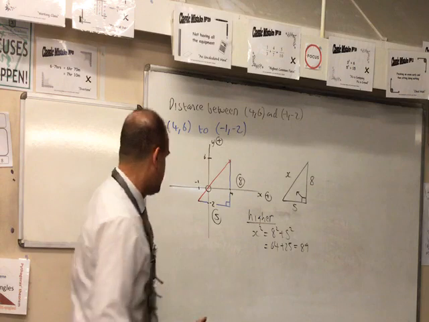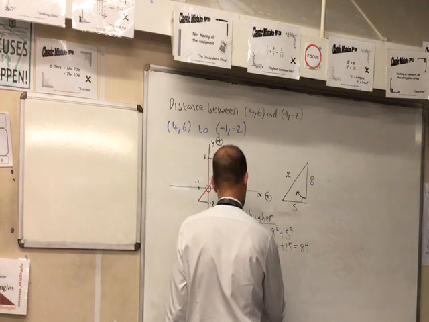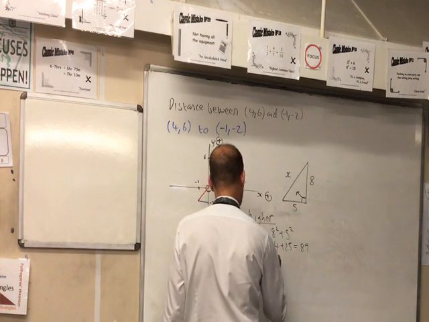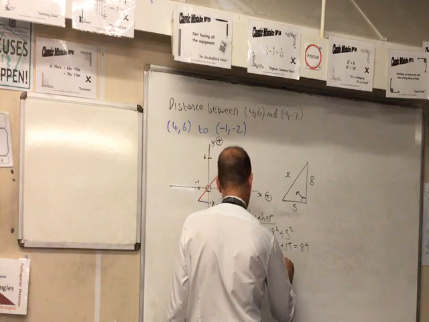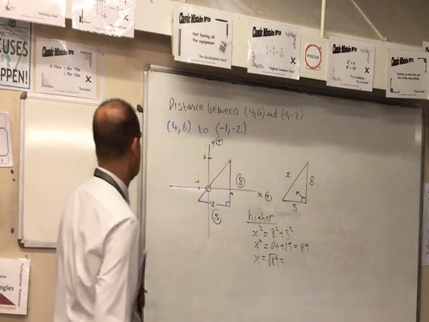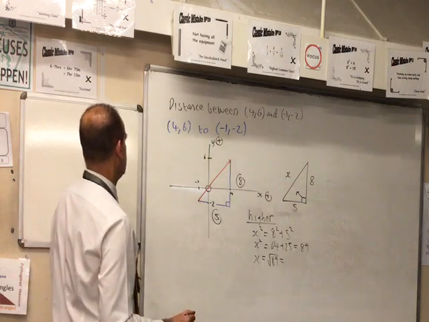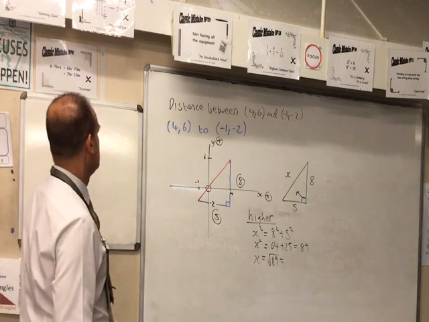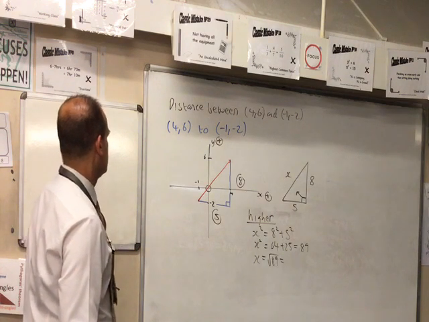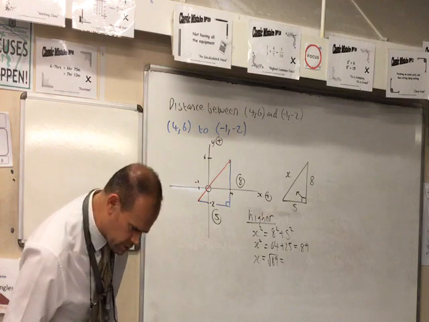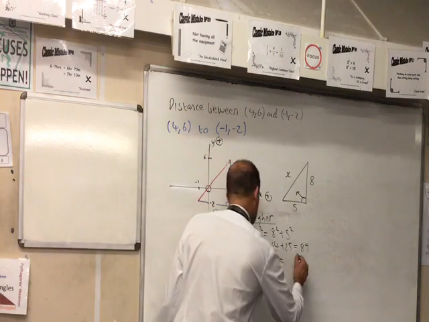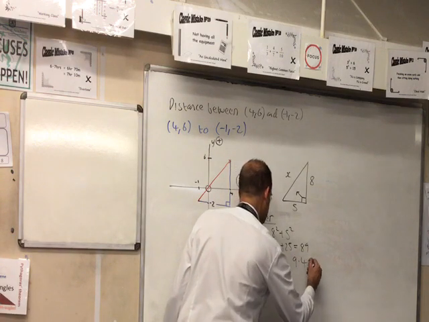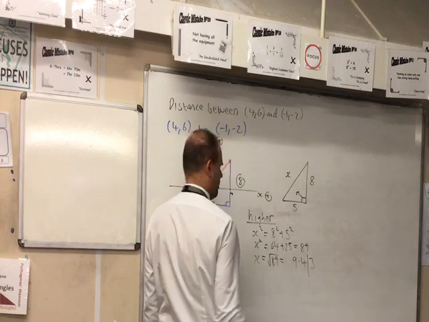So that's x squared equals 89. Take the square root of that, which is going to give us the square root of 89, which comes out as 9.43. Again, the number after it's below 5, so it stays there.